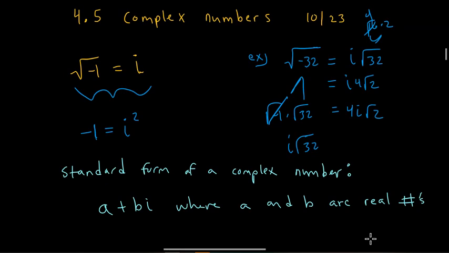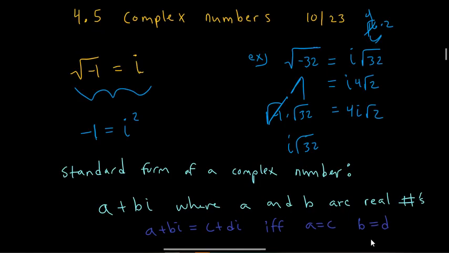There's this little side note here, which is interesting and useful: a plus bi is equal to c plus di if and only if a equals c and b equals d. So you can equate these things that way.